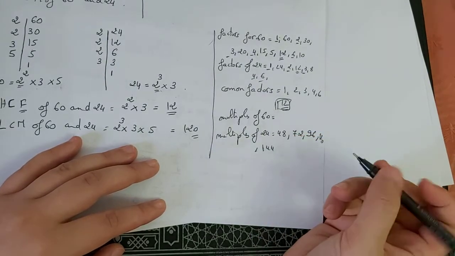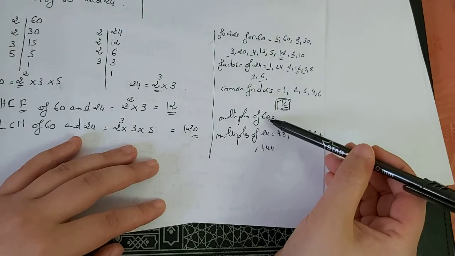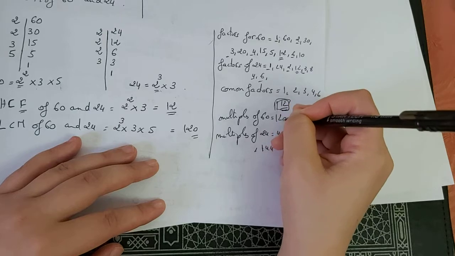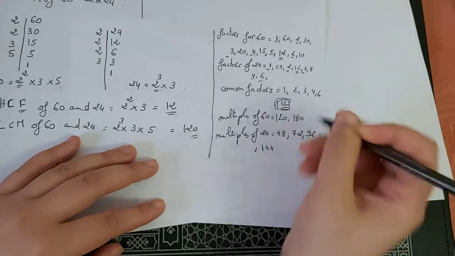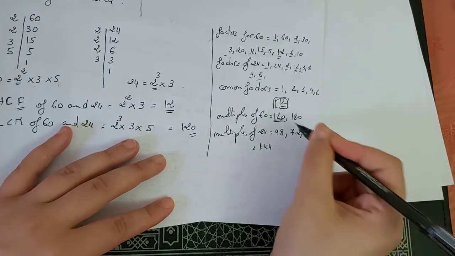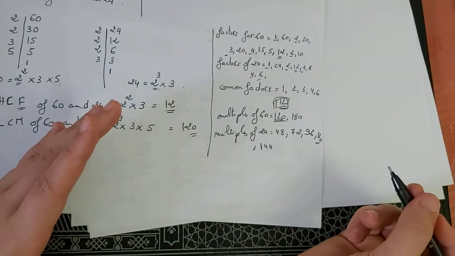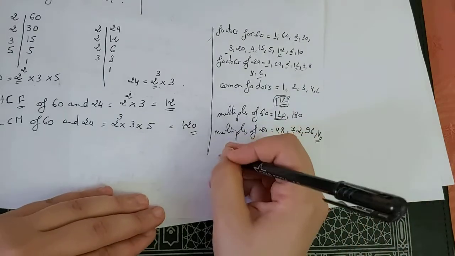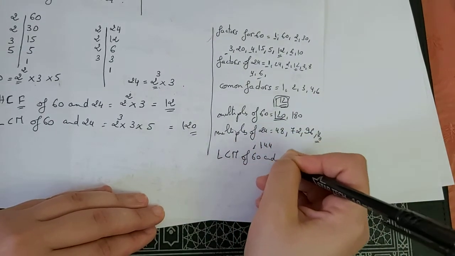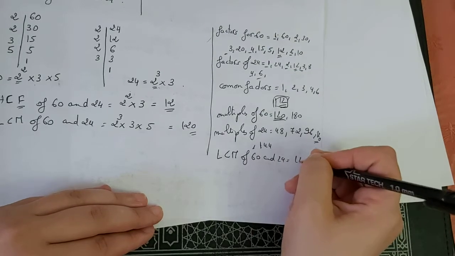Now if I would like to get the multiples of 60, I will have 120, then 180, but just writing 120 here and 120, I can see that this is the lowest common multiple between these two. So the lowest common multiple of 60 and 24 is equal to 120.